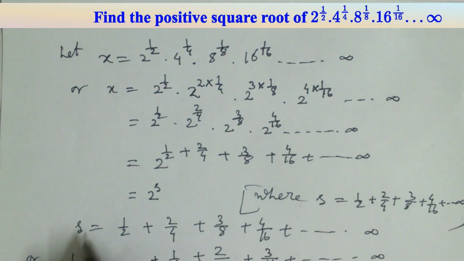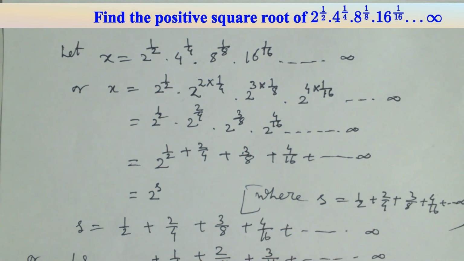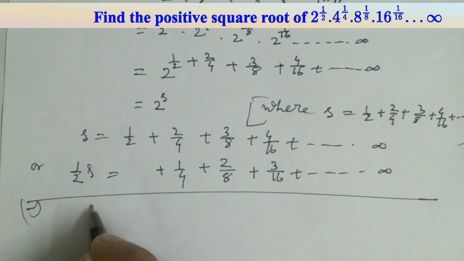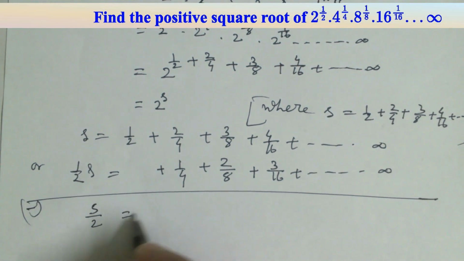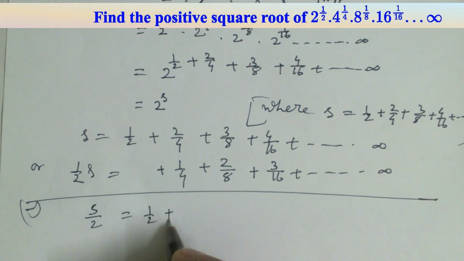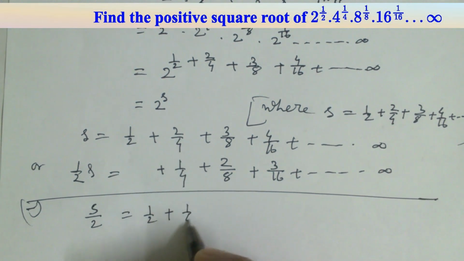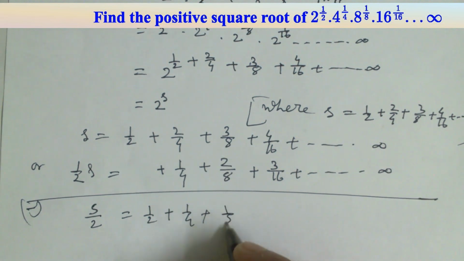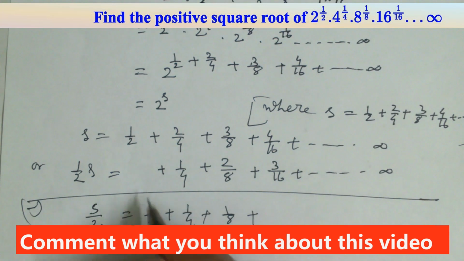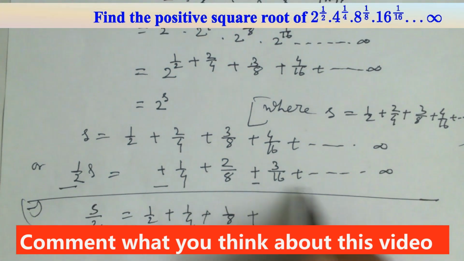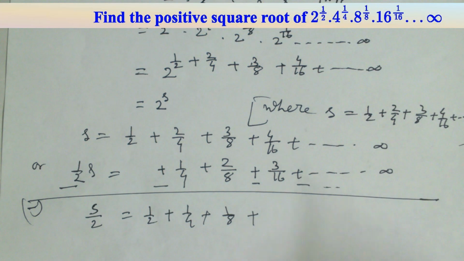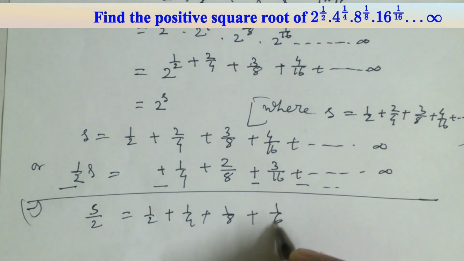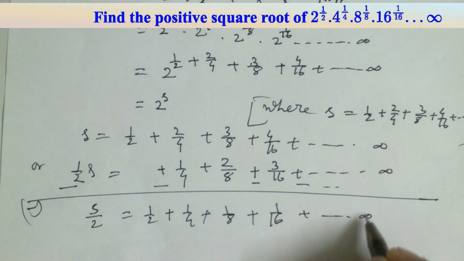Now subtract. So s minus half s, that is s by 2, is equal to half plus 1 by 4 plus 1 by 8 plus 1 by 16 to infinity.